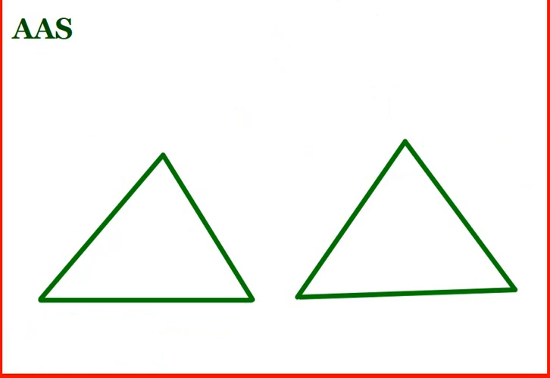Let's have a look at our fourth condition. So that's the angle side. This is how it would look. So let me just draw it so that it's easier to understand.